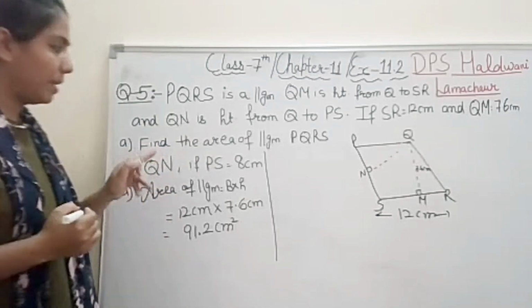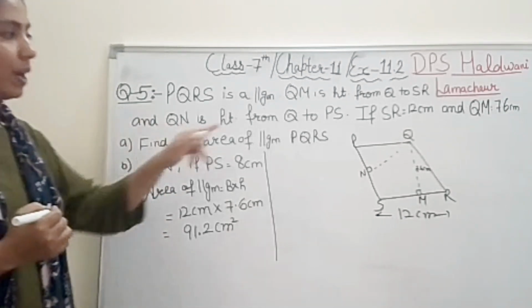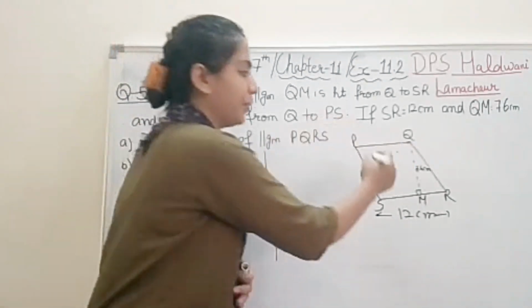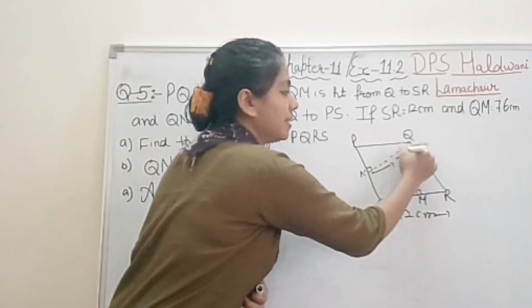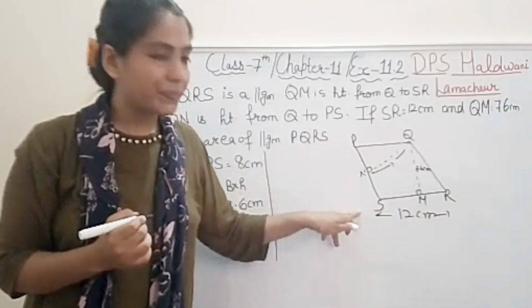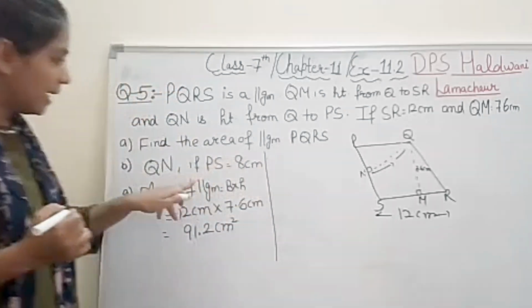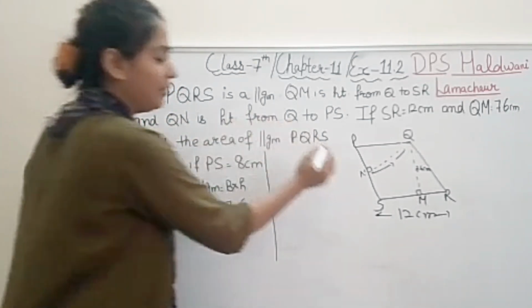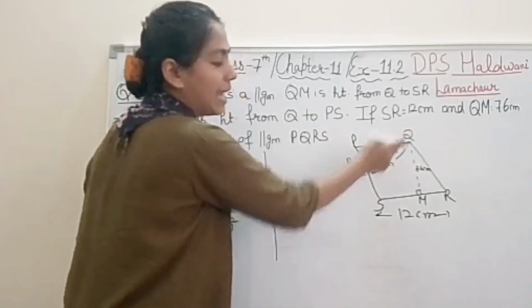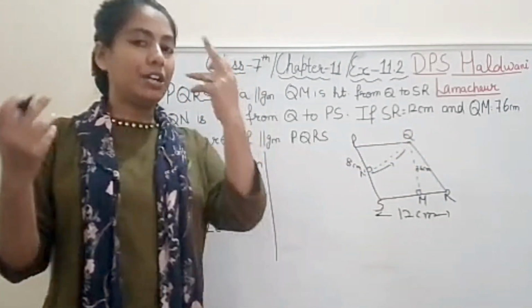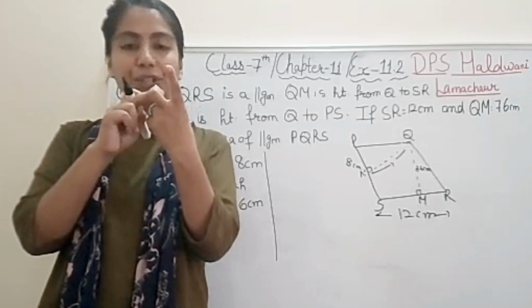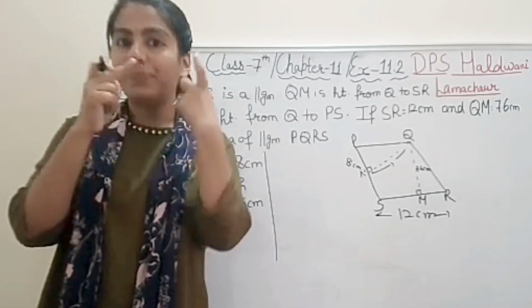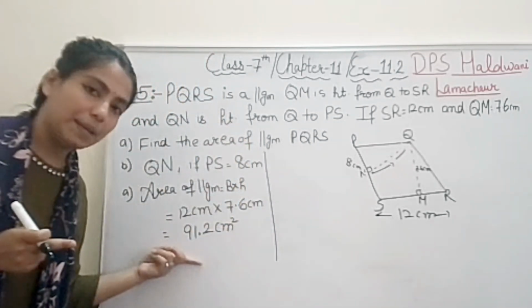What is being asked in B part? You have to find out this height QN, right? And this QN is the height for base PS, and PS is mentioned to you, that is 8 centimeter. So we can easily find out the height, because area is base into height. Height we don't know, but area of parallelogram we know, we found it in the A part.